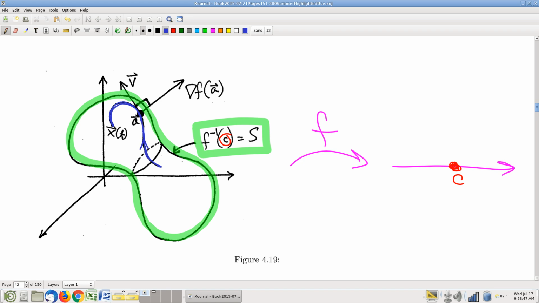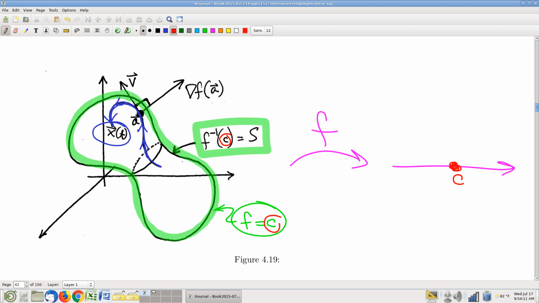So let's suppose that I'm moving along this curve x of t, and I ask what's happening to the function as I move along that curve. Keep in mind that curve is entirely within this level set, and on this level set, f is always c, which is constant.